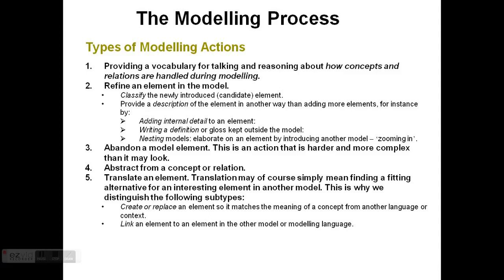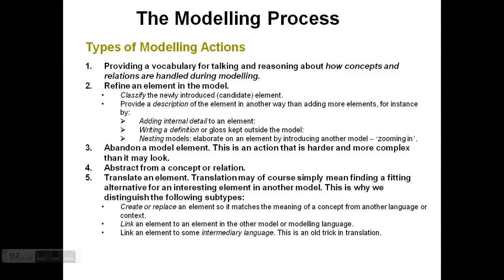Link an element to an element in the other model or modeling language. It keeps some records of this particular link and the particular context and/or language it concerns. Link an element to some intermediary language. This is an old trick in translation.